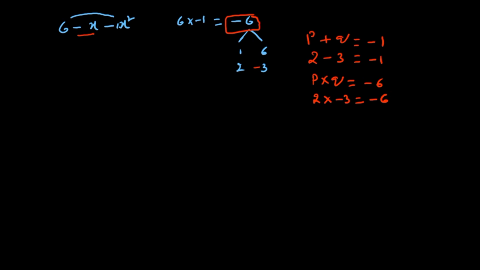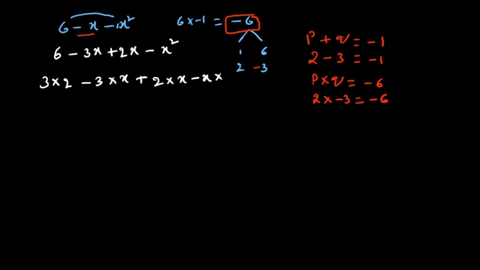Now I'm going to split 6 - x as -3x + 2x - x². How to take the common? This 6 we write as 3 into 2, -3 into x, plus 2 into x, minus x², which we can write as x into x.